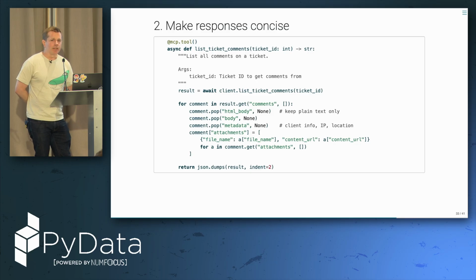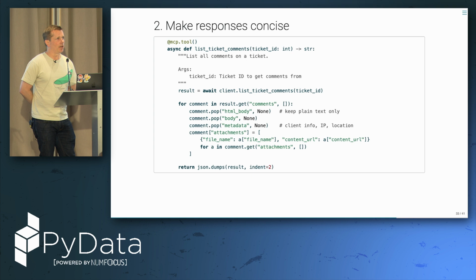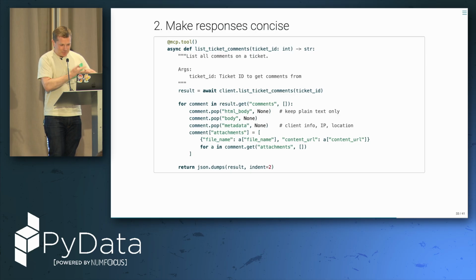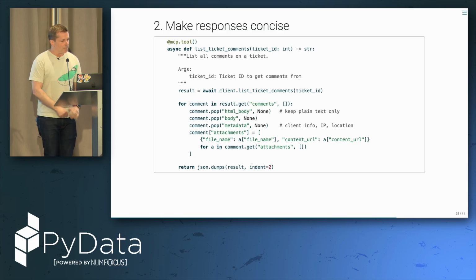Metadata is interesting. It will include things like the user agent string and IP and location of the browser of the person when they logged into the portal to leave a comment on the issue, which is probably useful for somebody but is not useful for Claude in trying to help me understand the substance of it.